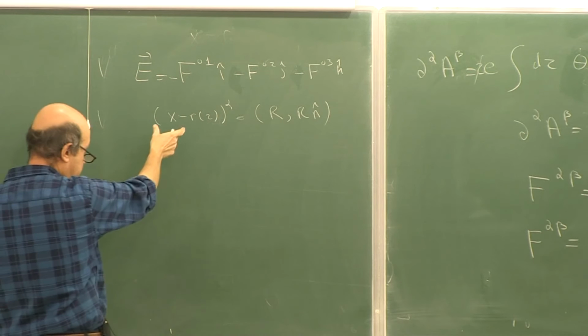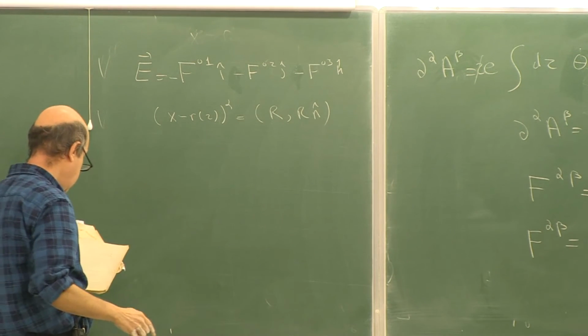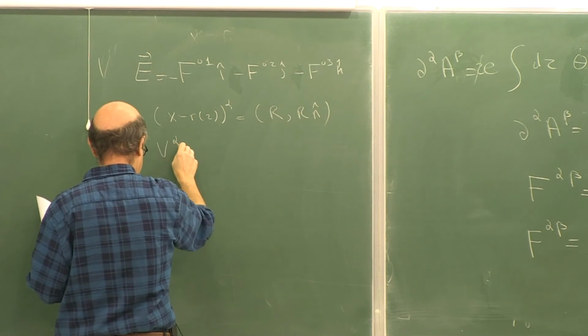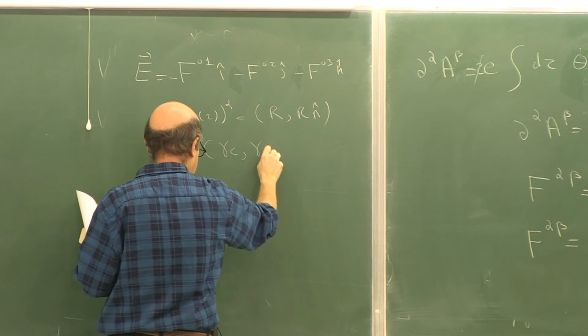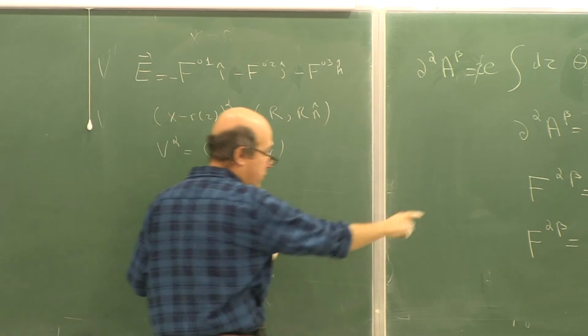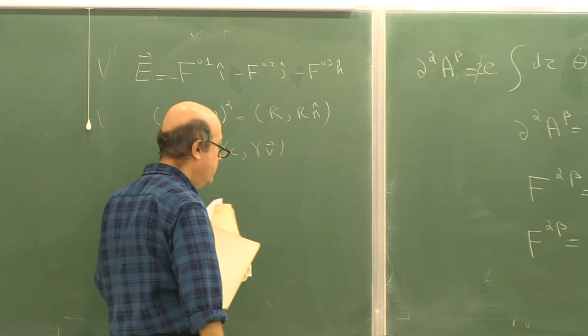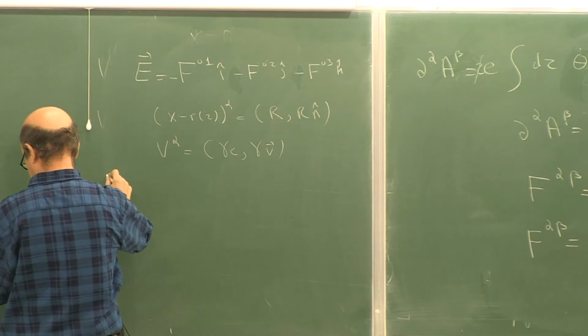I know that the length of this is 0, and you need the four velocities. You know the four velocities: gamma c, gamma v. In order to calculate the elements of the field strength tensor, you need the derivatives of the four velocities. This is complicated.